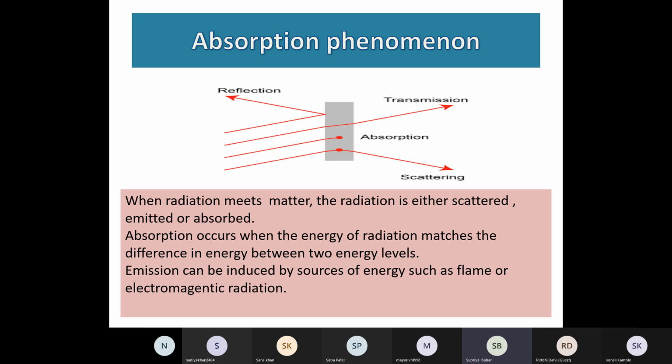Before that, we will see this. Absorption occurs when the energy of radiation matches the difference in energy between the two energy levels. Now emission can be induced by sources of energy such as flame or electromagnetic radiation.